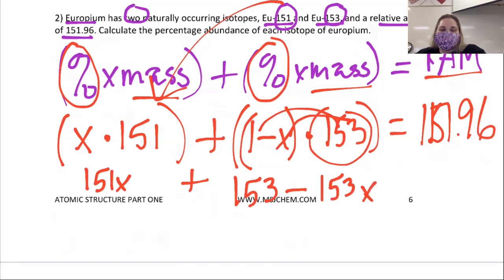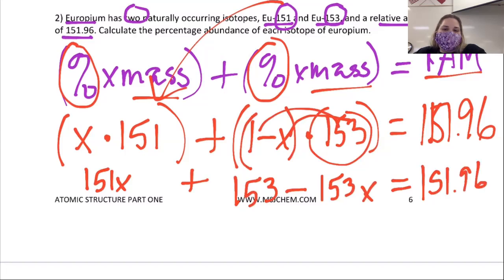Everybody okay with what I just distributed on that one? 153 times 1, and then 153 times the minus x. And that still equals our total over here, the 151.96.